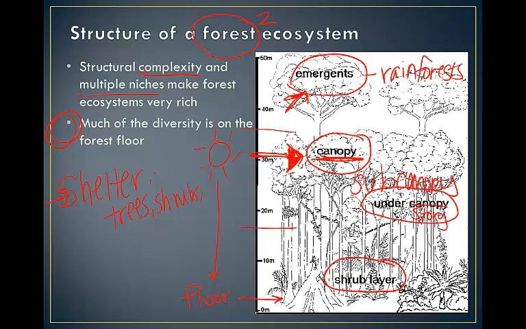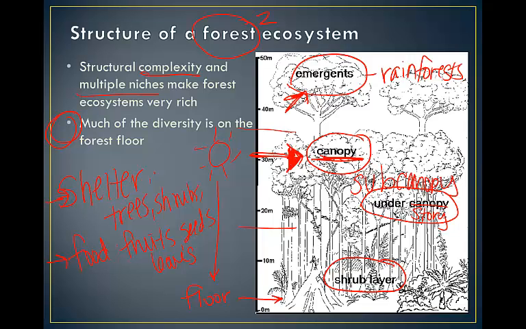Any plant in the forest can be a form of shelter. There are also many sources of food in a forest. Fruits, seeds, leaves, many, many sources of food in the forest.